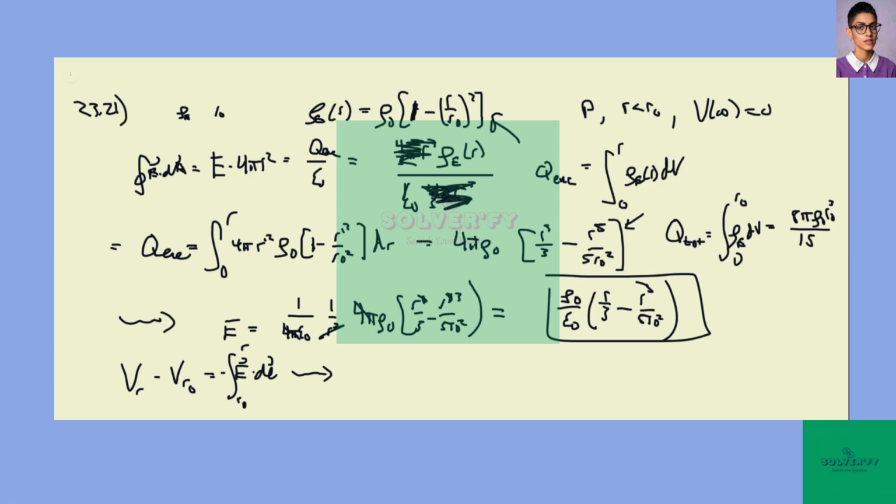So this becomes the negative integral from r naught to r of rho naught over epsilon naught times (r over 3 minus r cubed over 5 r naught squared) dr. And let's calculate that. This becomes negative rho naught over epsilon naught times (r squared over 6 minus r to the 4th over 20 r naught squared), evaluated from r naught to r.